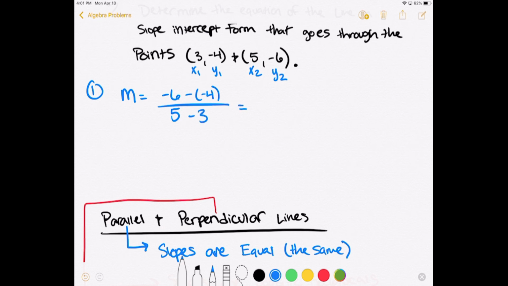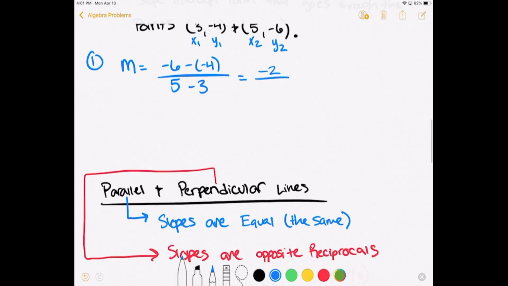Again, this minus a negative on the top actually turns into addition, so it's negative 6 plus 4, so a negative 2. And the bottom, we get 5 minus 3, which is 2. And in the end, my slope is a negative 1.